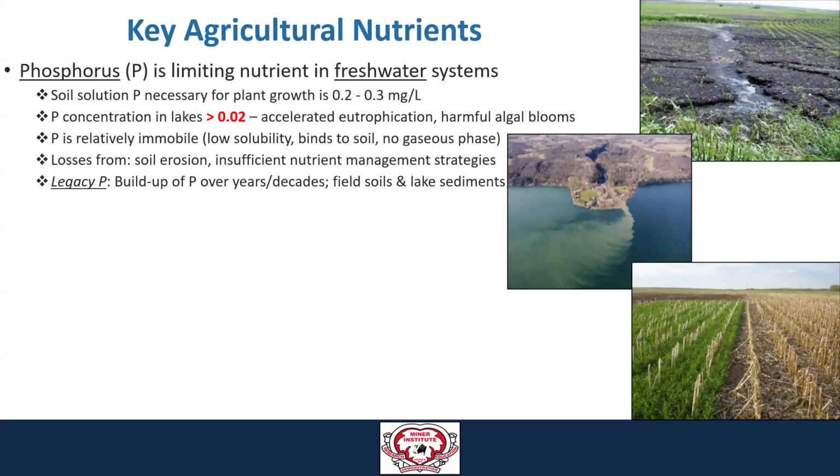Phosphorus is the limiting nutrient, so any addition of phosphorus, even small additions, can potentially have a great impact. The good news for us is that phosphorus is relatively immobile in the soil. When we apply phosphorus fertilizer, it does relatively quickly and easily bind to the soil if that soil has not yet been oversaturated with phosphorus, which we'll get to.